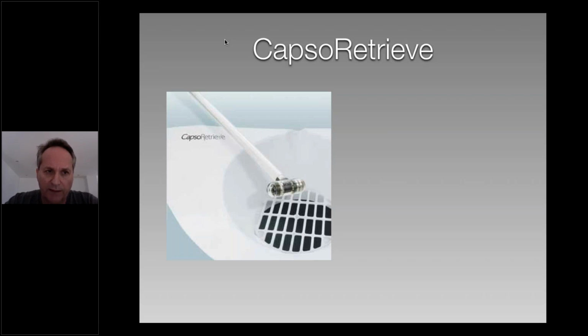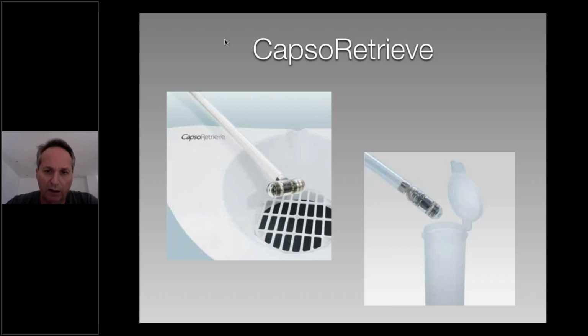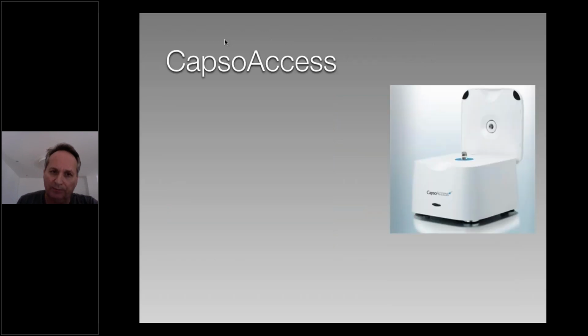You get a magnetic wand, so you can catch the capsule totally contact-free, and you get a small vial where you will put in the cleaned capsule, and that's what you will get back. You get the capsule in the vial, and then you can transfer the data to your computer.